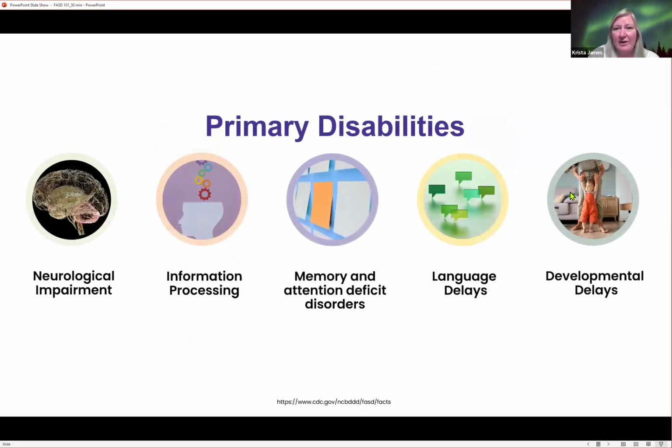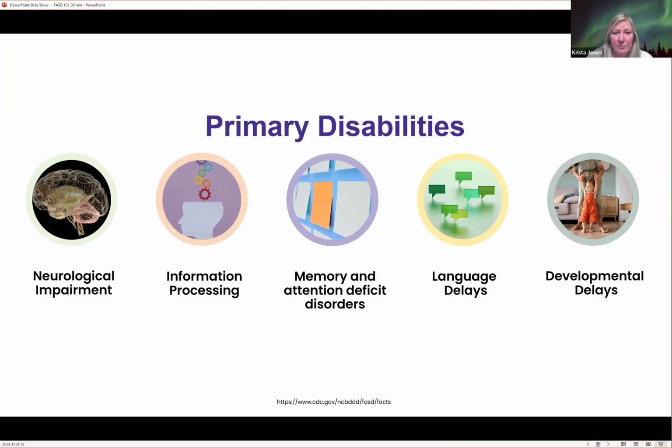So when we think about the different disabilities that could occur from prenatal alcohol exposure, we categorize these as primary and secondary disabilities. Primary disabilities are the direct result of the alcohol on the fetus. And the secondary disabilities are those that occur after birth as a result of those primary disabilities.